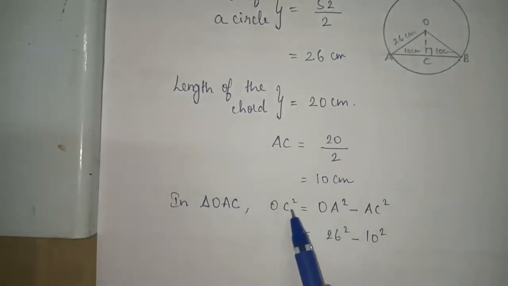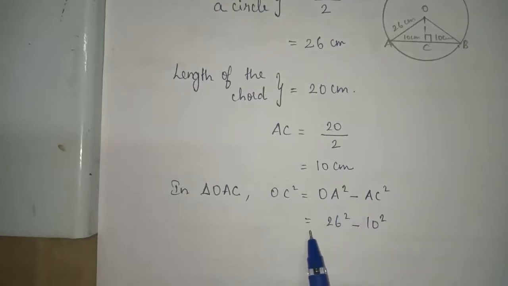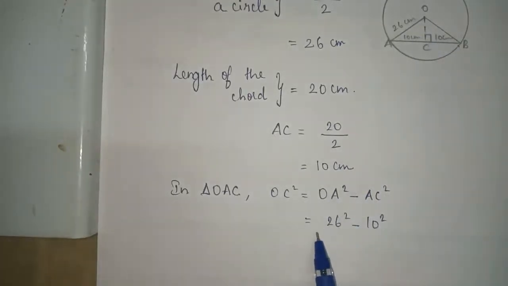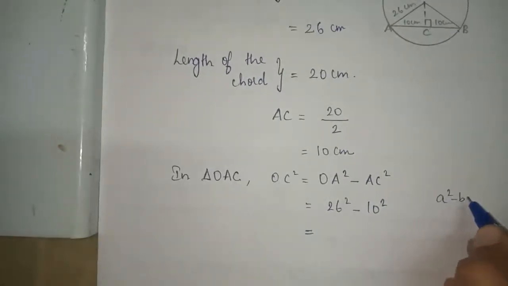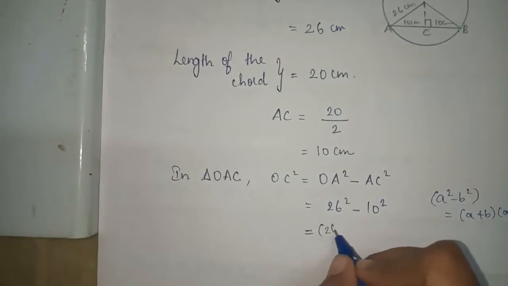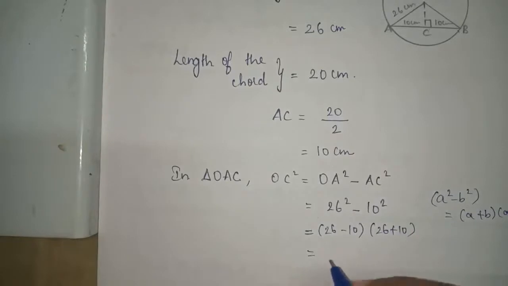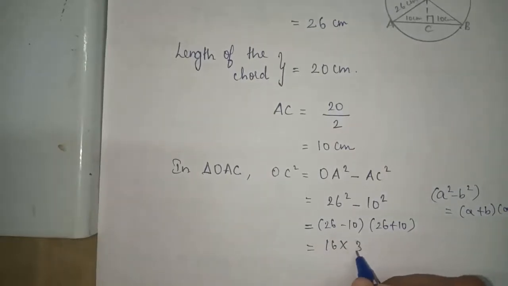By using Pythagoras theorem, OC square is equal to OA square minus AC square, which is equal to 26 square minus 10 square, because here OA is the hypotenuse. So which is equal to, it is in the form of A square minus B square is nothing but A plus B into A minus B. So 26 minus 10 into 26 plus 10, which is equal to 26 minus 10 is 16 into 26 plus 10 is 36.